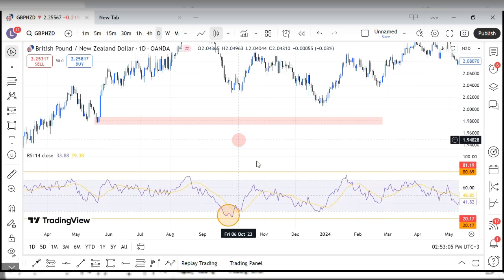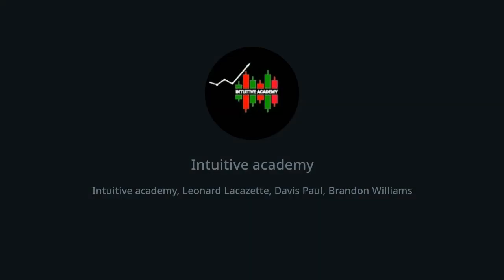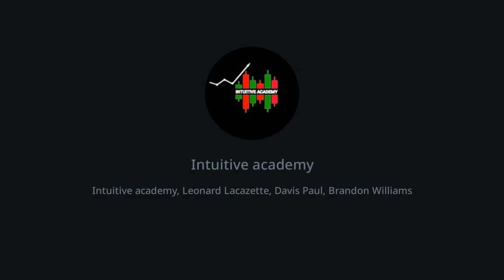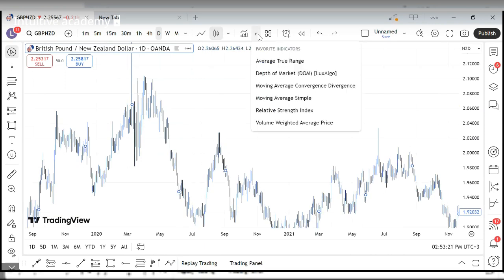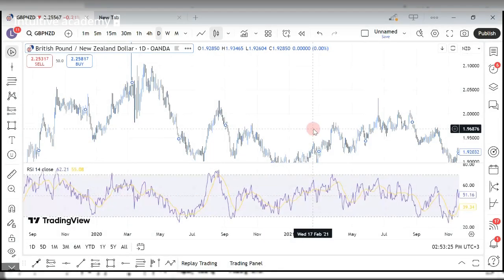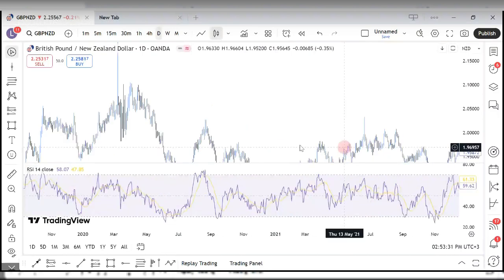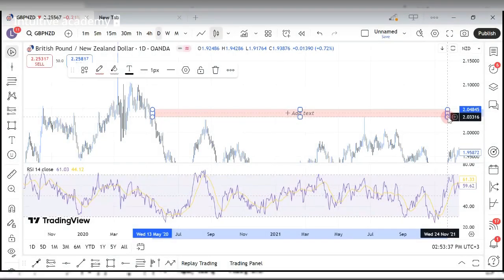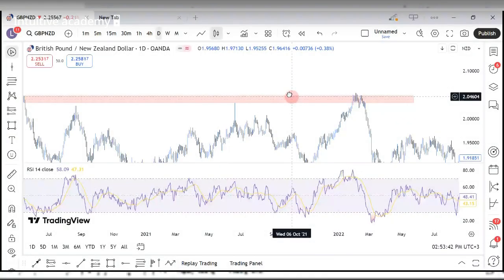Let me go back to something here, I'll show you guys what I mean. For example, here, if you wanted to take sells, you see something on the RSI. Maybe someone had come in and said, you know what, I've learned about confluence, I would consider my supply level around this price.